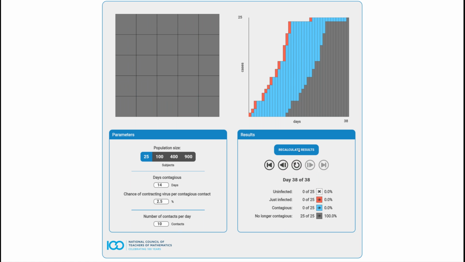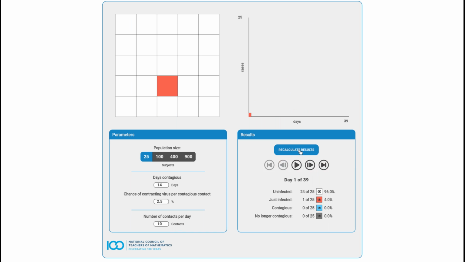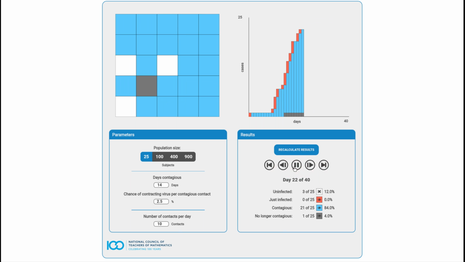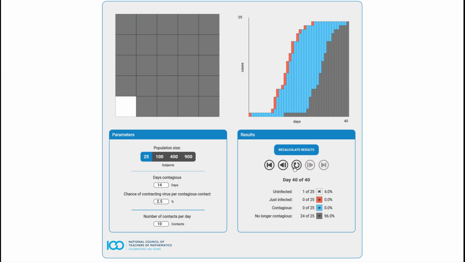Well, it won't always be everybody. Let's calculate again. This one takes 40 days. That one person was sick all by themselves for a long time before they finally got the rest of the people sick. And one person never got sick. That's that one white one.